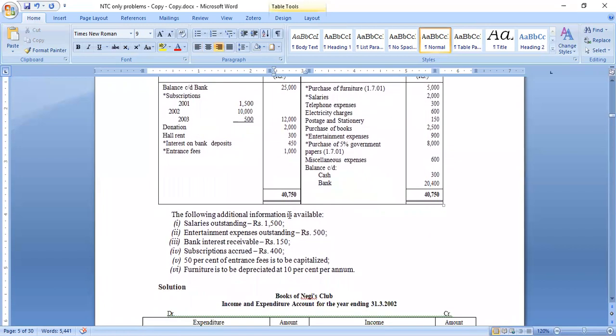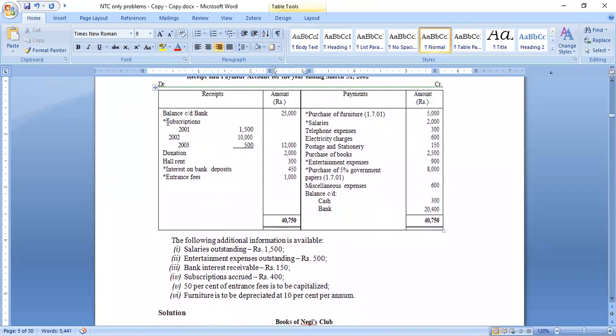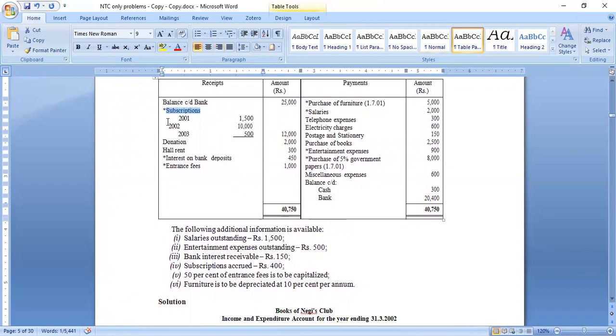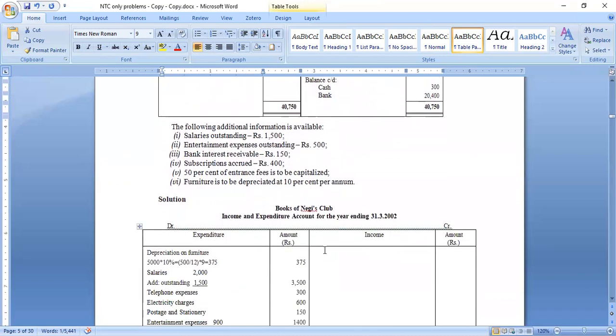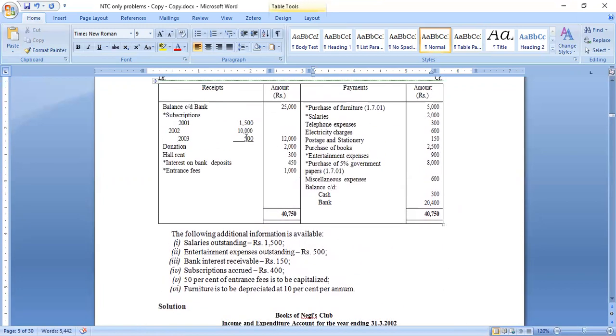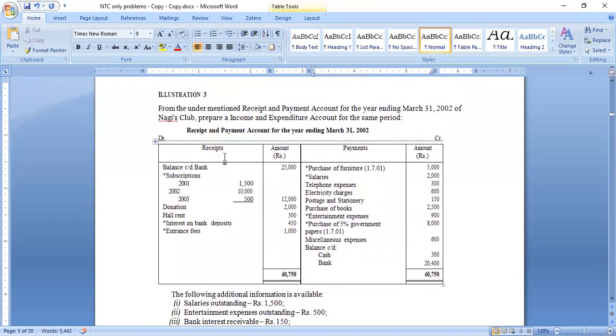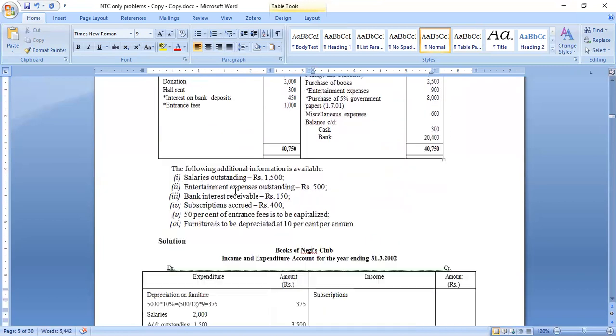Okay, next one. We'll go to the receipts side. Subscriptions are the major source of revenue. So subscription for the current year 10,000. During the year we received 1500 for 2001 and 500 for 2003, but we should consider only the current year's subscription, that is 10,000.